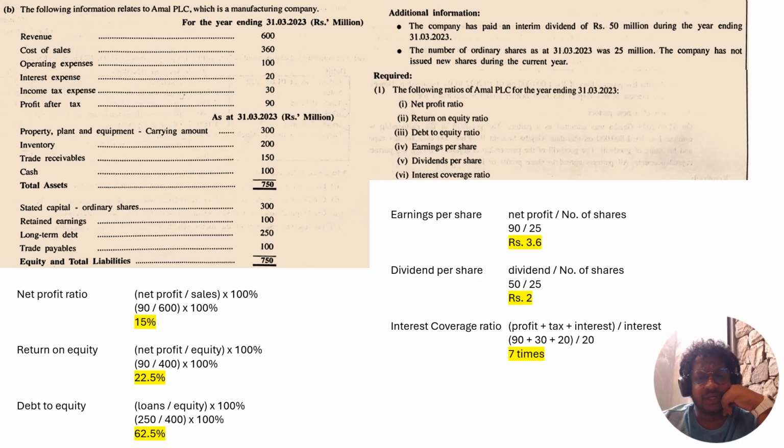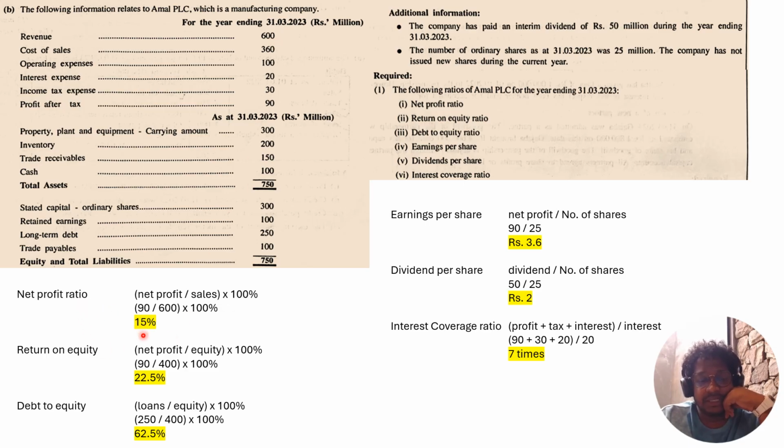So it's also a big question and a lot of information. First they ask for these ratios, and the second they ask for a comparison. Net profit ratio is net profit divided by sales. Net profit is given directly, 90, and the sales given are 600.